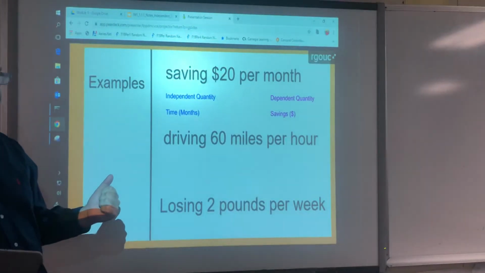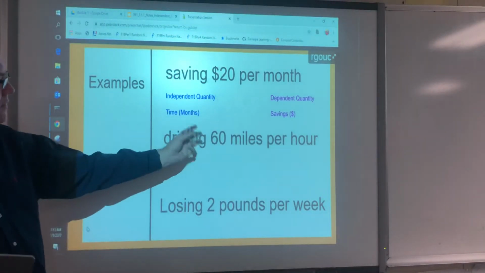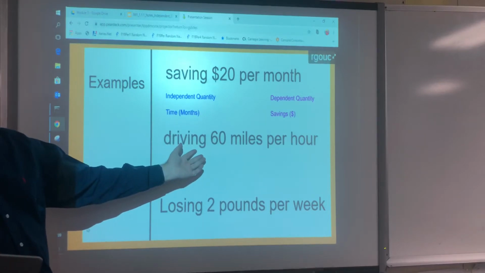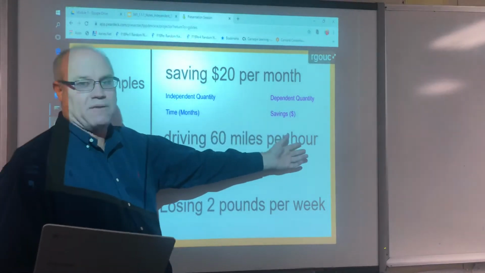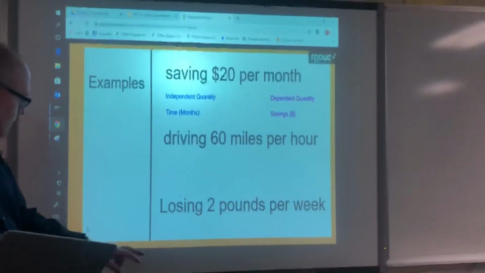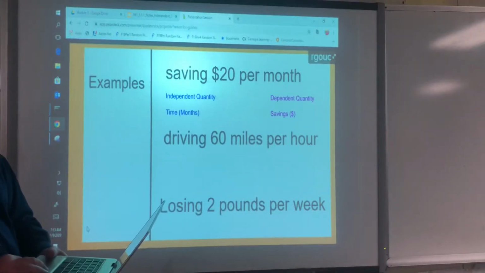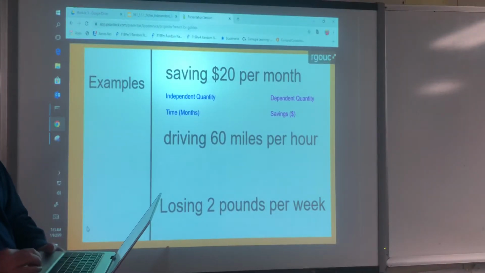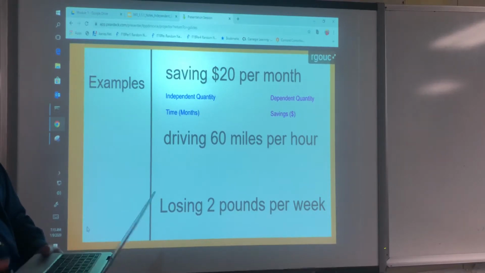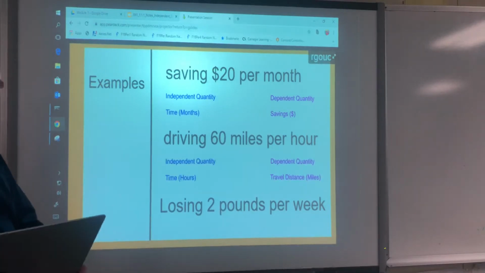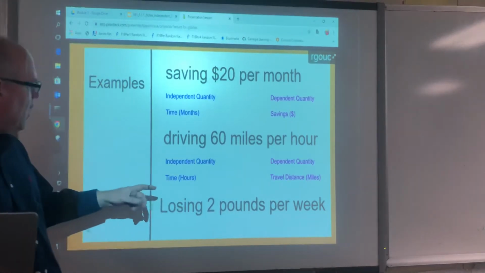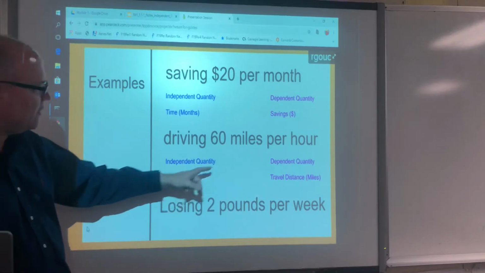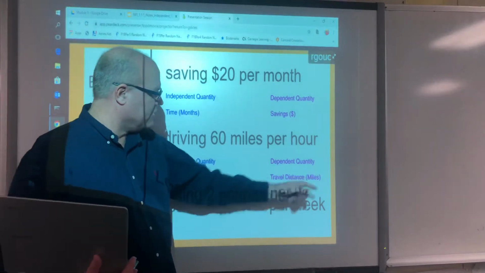What do you think? Well, your total distance traveled is going to depend on how long you've been driving, right? So if we look at the independent and the dependent example here, independent quantity, time in hours, dependent quantity, travel distance in miles.